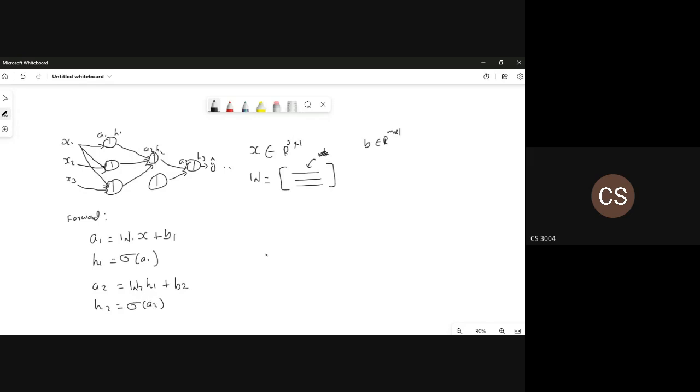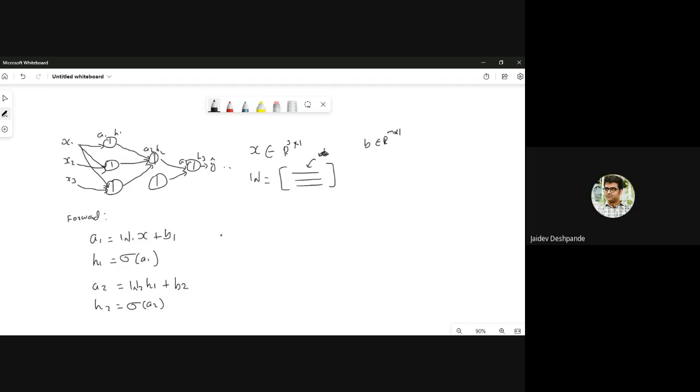Sorry, Arun, there is a problem, I think. The row of every W corresponds to only one neuron, right? Yes, only one neuron. And X is a column vector. So W1 in this case has to be a 2 by 3 matrix. It should be 3 by 3 matrix.